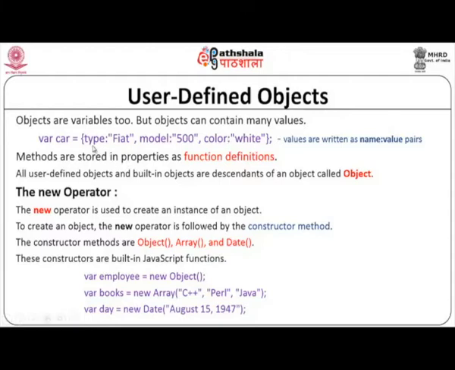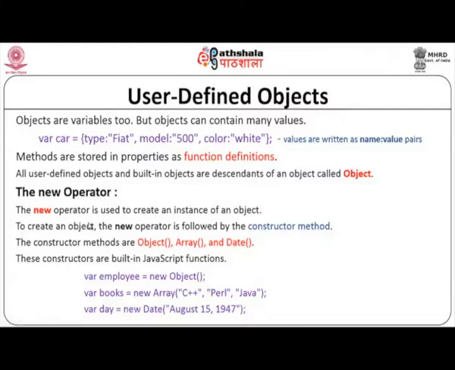So here it takes three properties called type, model and color. You put a colon and then give the value. Every property that appears in an object will be a name-value pair. So with the name and value you can mention the properties for the object. And then using the new operator, that's another way you can create an object.